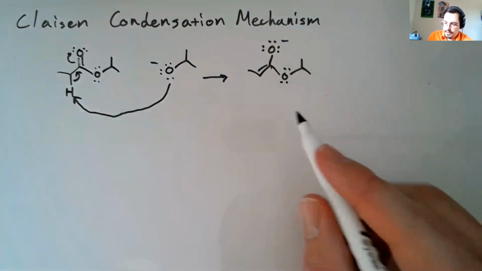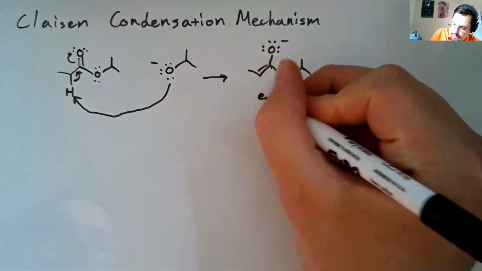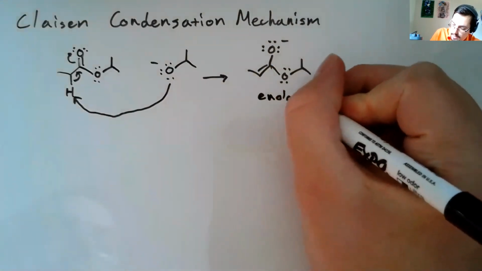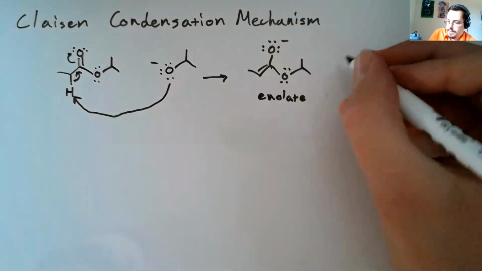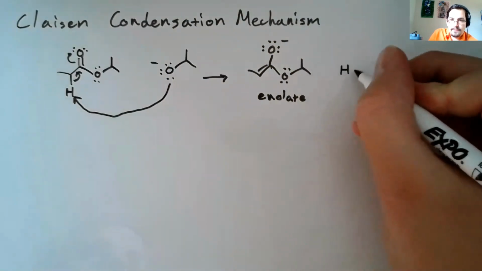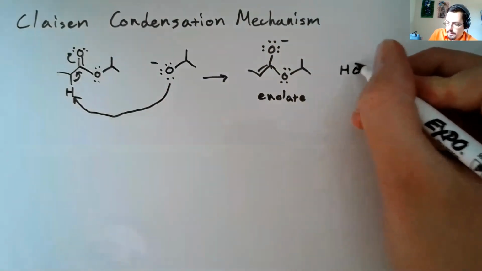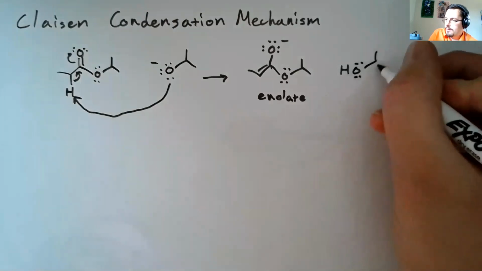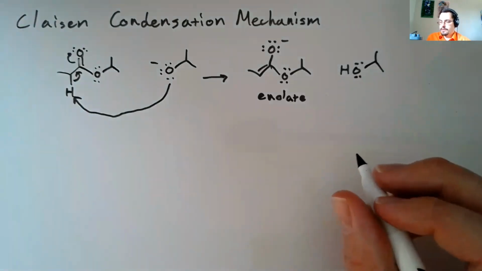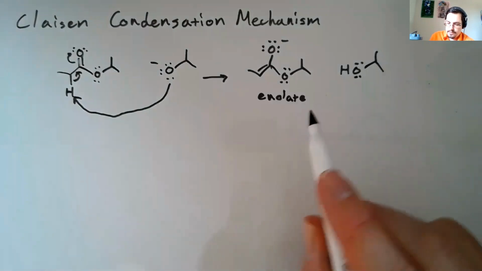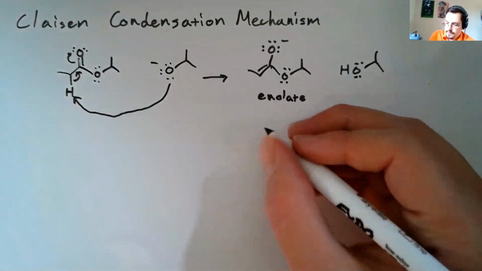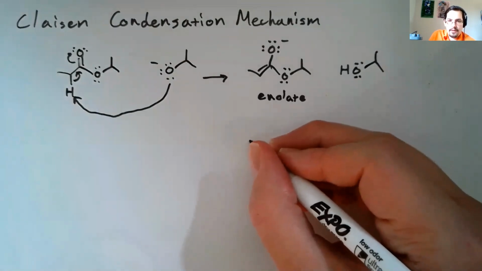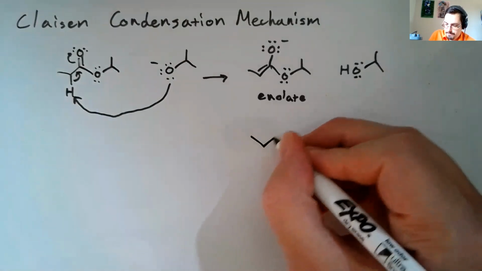Once we have our enolate formed, so here's our enolate intermediate, we now have the opportunity to react in essentially a nucleophilic acyl substitution reaction. So we're going to add this enolate onto a second equivalent of our ester using our standard nucleophilic acyl substitution mechanism.